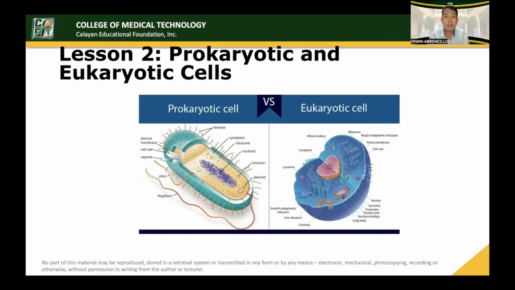So under kingdom Bacteria, you have the Archaeobacteria and Eubacteria, and then kingdom Protista, and then kingdom Animalia, kingdom Plantae, and all these kingdoms of organisms are either classified as a prokaryotic cell or eukaryotic cell.